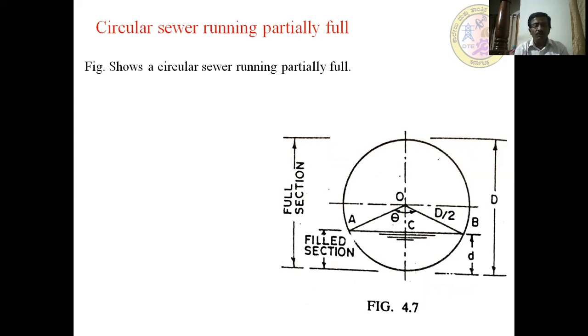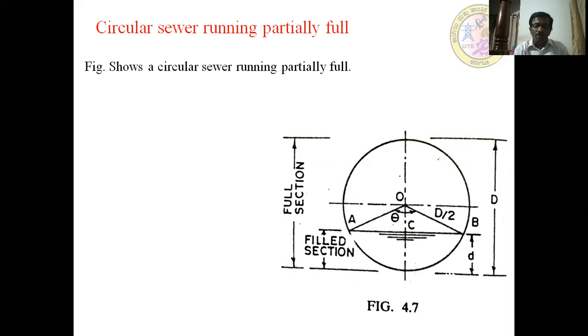Here in the figure, capital D is the dia of the sewer pipeline and O is the center, and AB is the water level when it is running partially. That too it is below the center, and small d is the depth of flow.